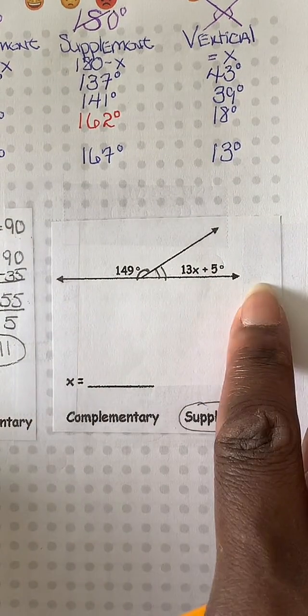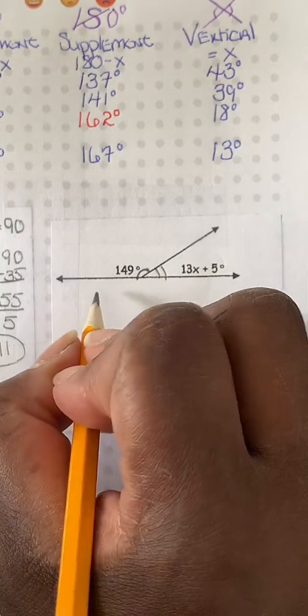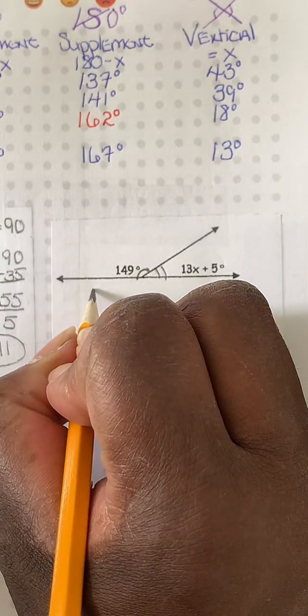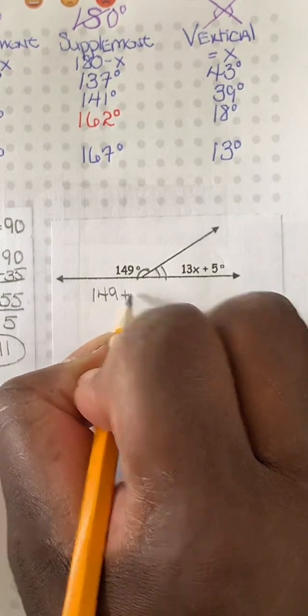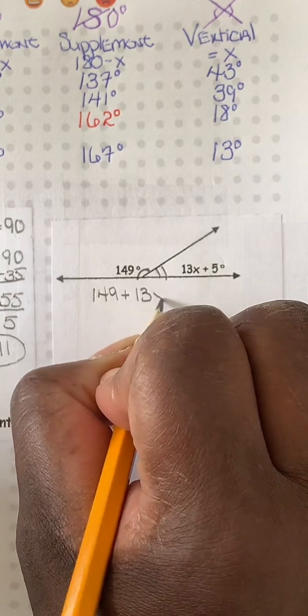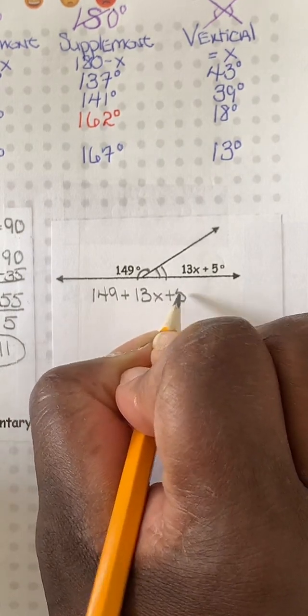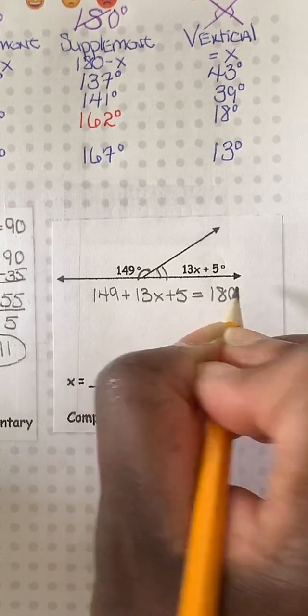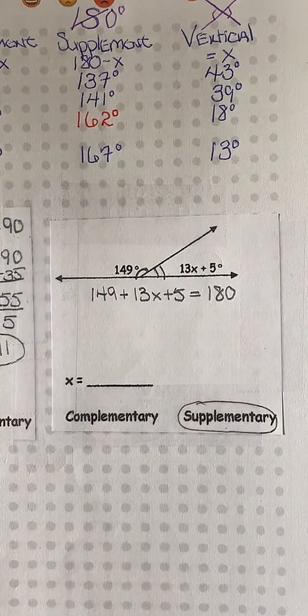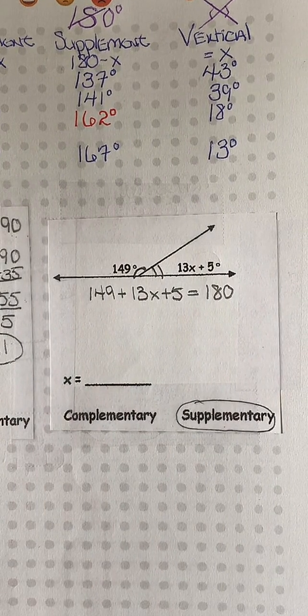So if I need to set up this equation, basically I have 149 plus 13x plus 5 equals 180 degrees. Okay, so that's how you would set up your equation.